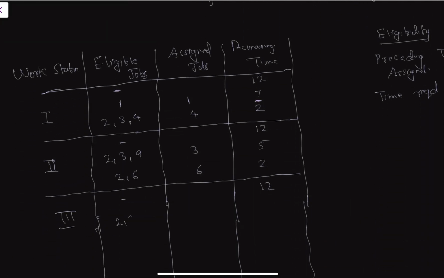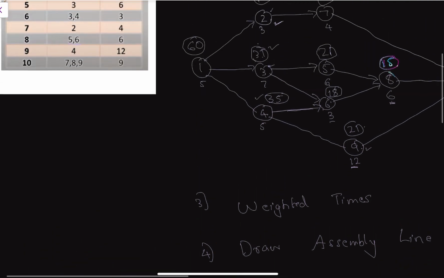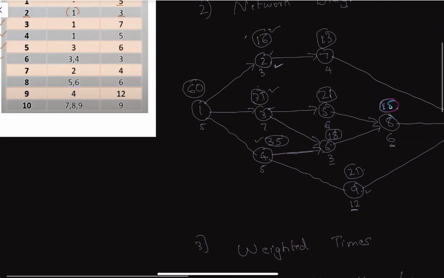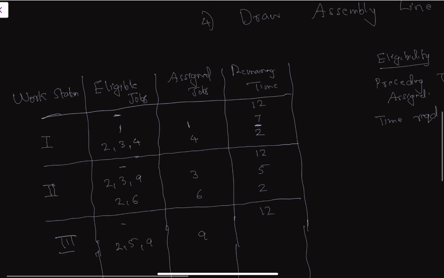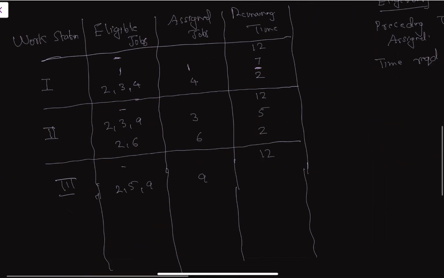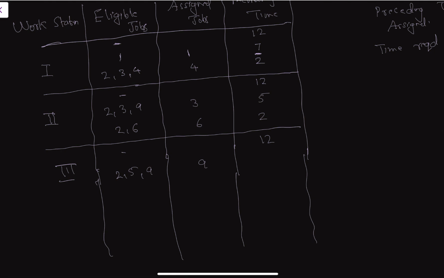So 2, 5 and 9 are eligible. Out of these, the highest weighted time is for 9, so you will assign 9. The duration for job 9 is 12, so you have 0 time remaining.